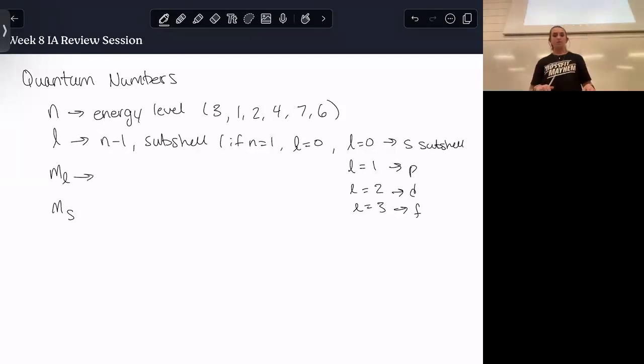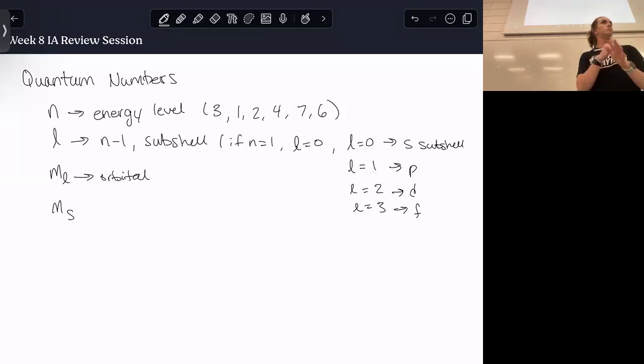Okay, so your l is going to be equal to your subshell. Your m sub l is going to be equal to what? What does that correlate to? Yep, good. That's your orbital. And this has to do with the orientation around your nucleus, or around the coordinate diagram. What is your rule for m sub l? -l.